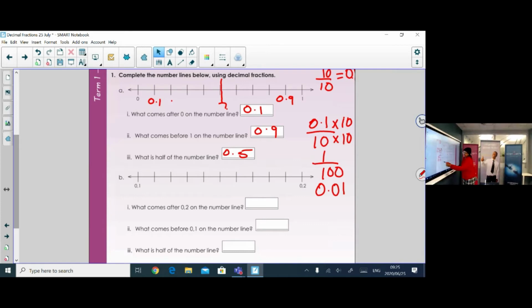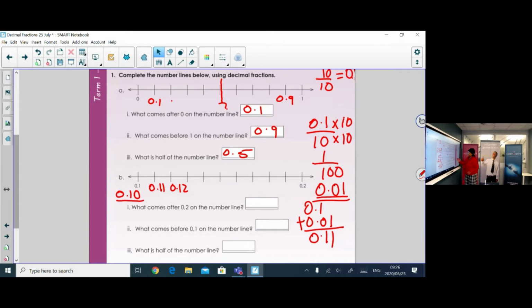So it's like each division we are adding to this number 0.1 plus 0.01. So I wanted to make this clear. This is another way of looking at this. You can say this is 0, the first one.